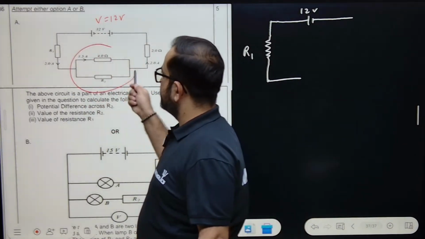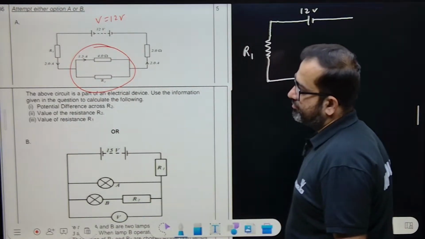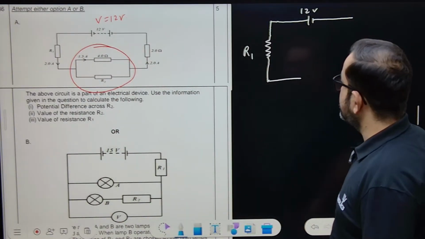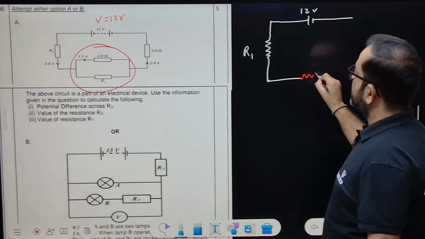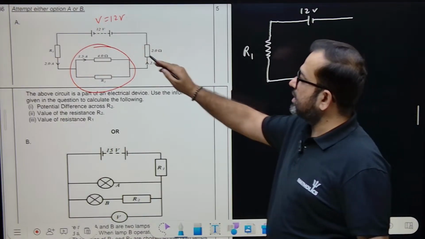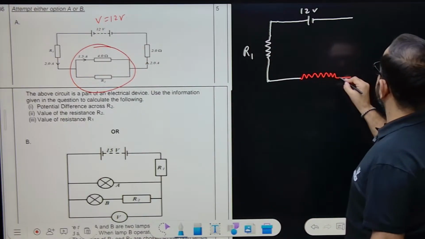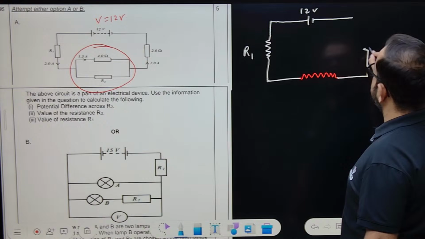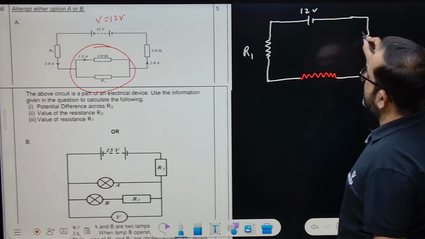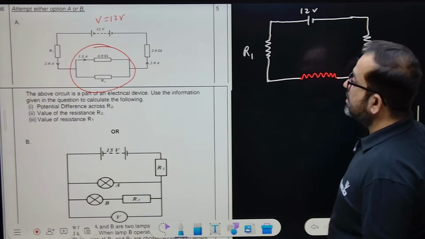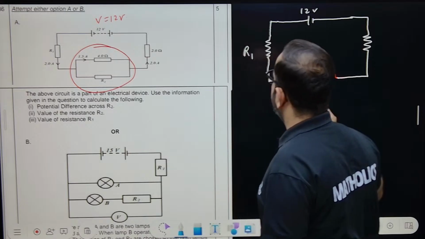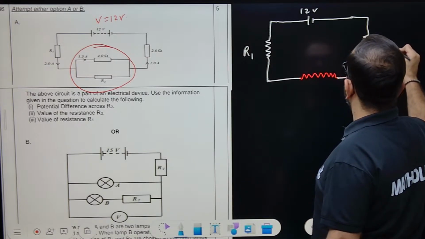You must know that these both are in parallel, right? Again, this will go like this, and this is another resistance. This is R1, and this is 2 ohms.